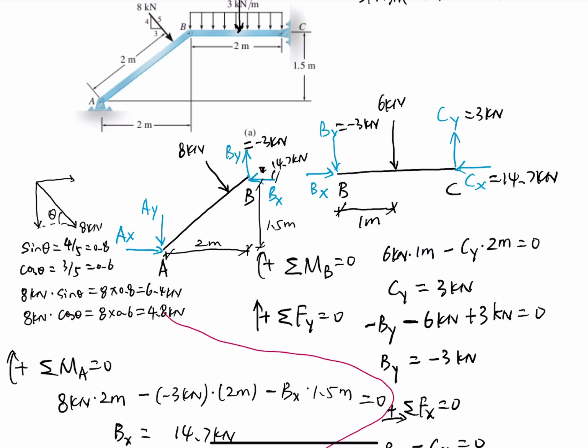Okay, so these are the two components of 8 kilonewton: 4.8 kilonewton and 6.4 kilonewton.